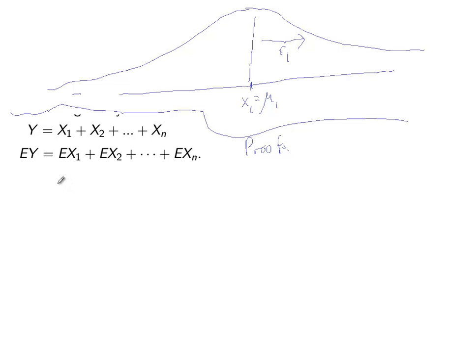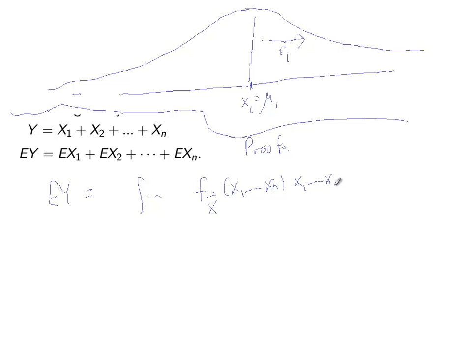Let's take E[Y]. It is going to be the integral, and this is because Y depends on x1 through xn, we have to integrate over the PDF of X1 through Xn, which I write as vector X. This is a function of x1 through xn, where these are little x's. And then here you have x1 up to xn.